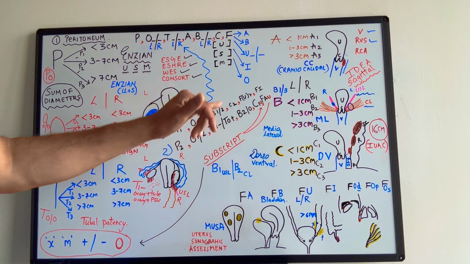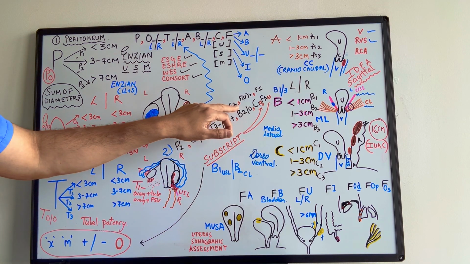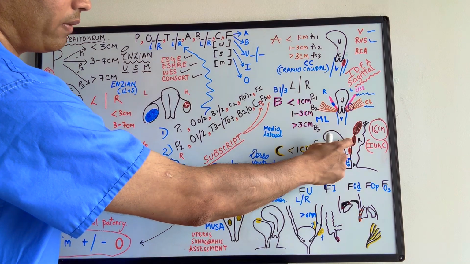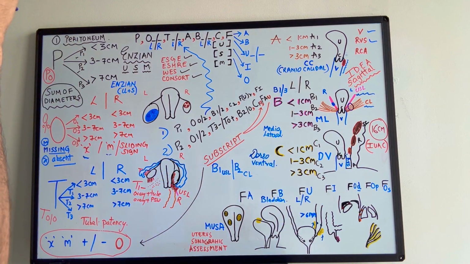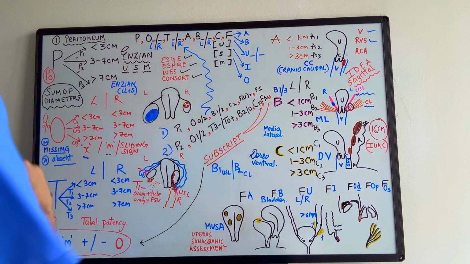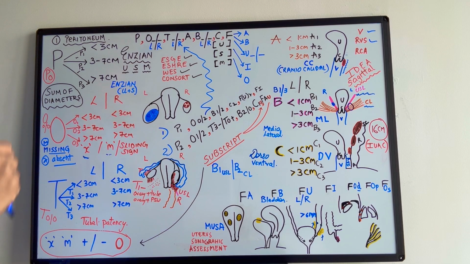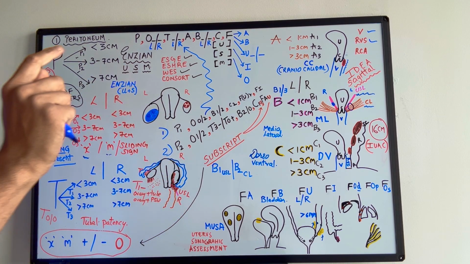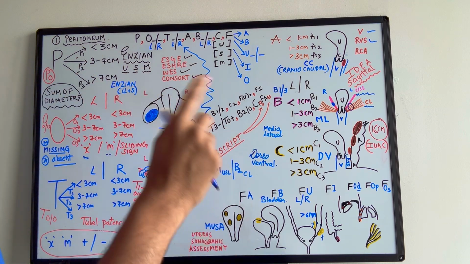So B1 and 2. And then C2, that means the patient has a lesion over the rectum which is measuring around 2 centimeters in size. There's a nodule on the rectum. Then there's a FUR. U stands for ureter. That means endometriosis is also involving the ureter, and that too on the right side.